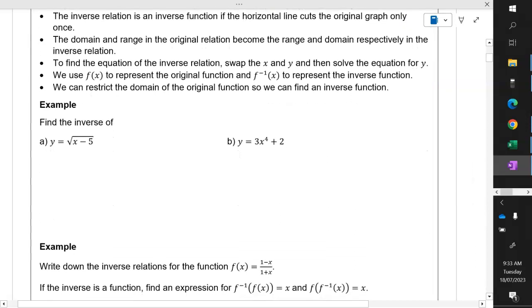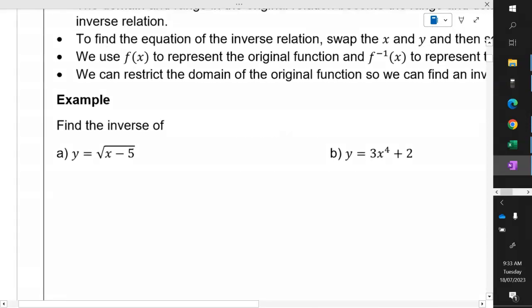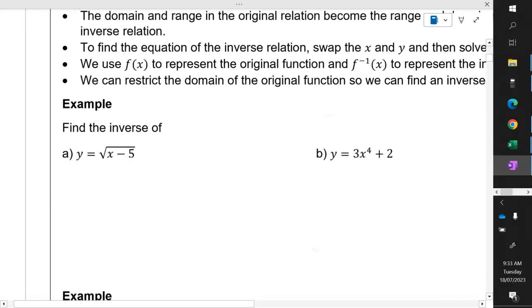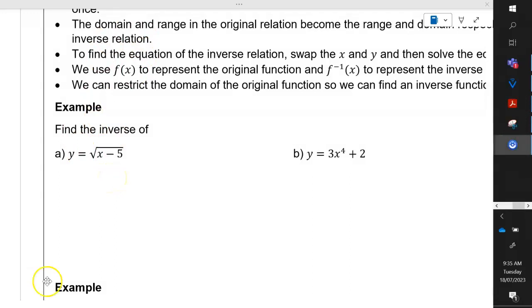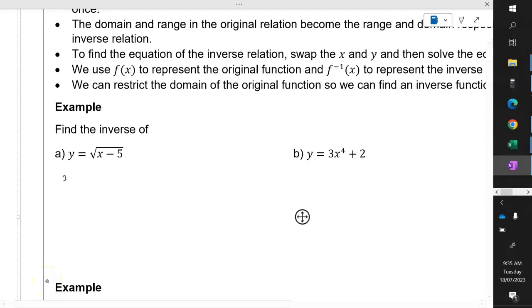If you've done the work from last time and done that well, you will be able to work through this. So we want to find the inverse of y equals the square root of x minus 5. To do that, we need to swap the x for the y and the y for the x. So we write x equals the square root of y minus 5. Now we need to solve that for y.